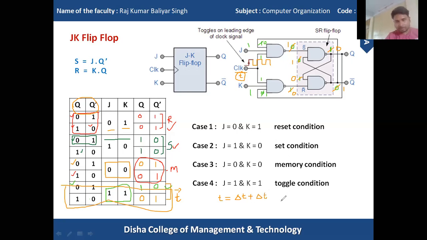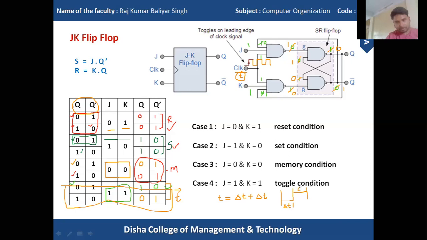Clear? So this can be like this. So this part is called delta T, this is called delta T, and this part is called delta T.